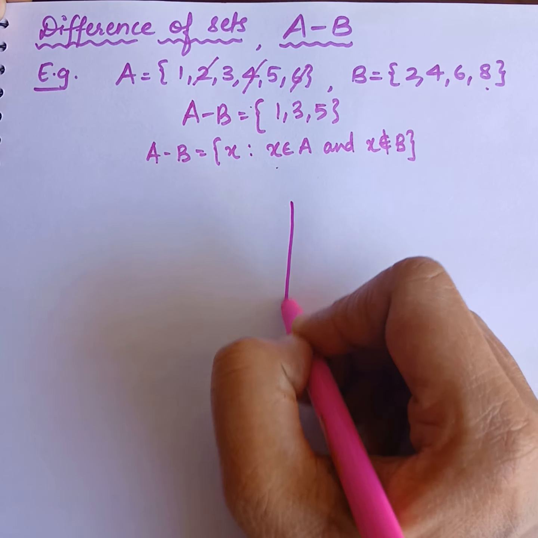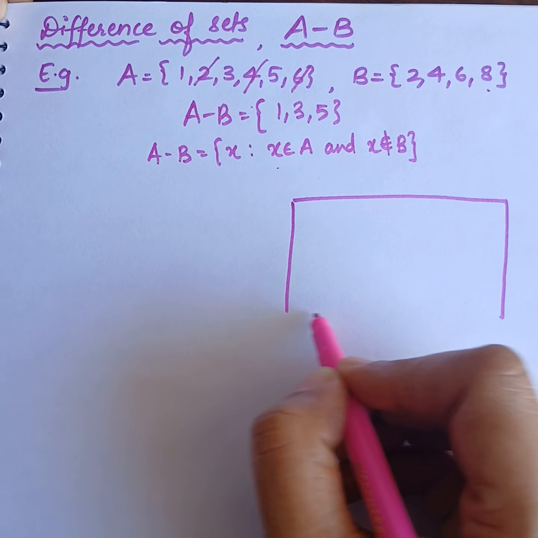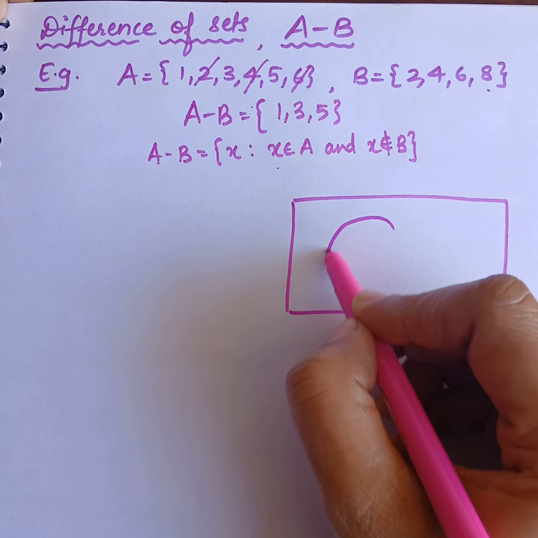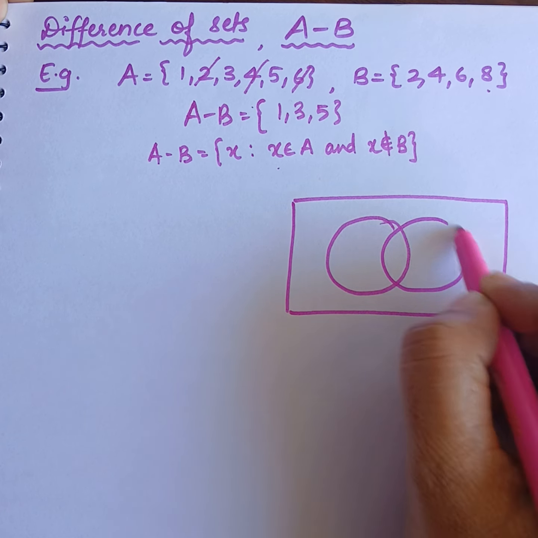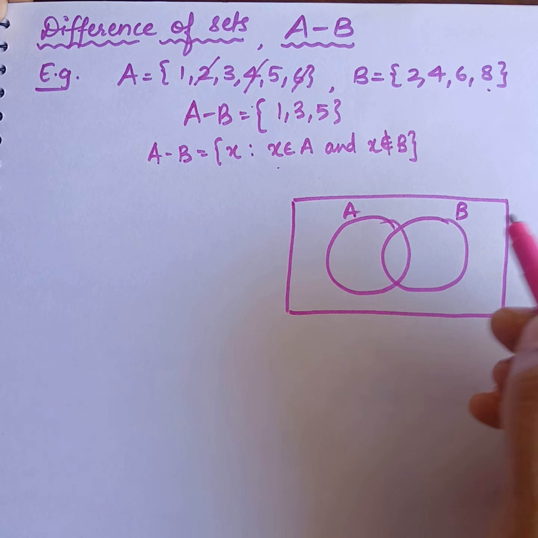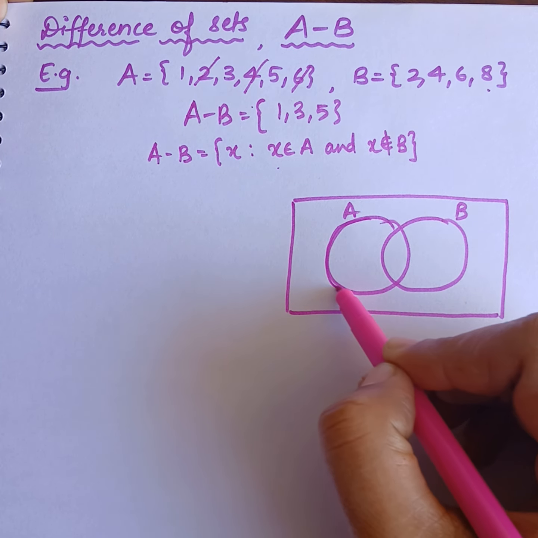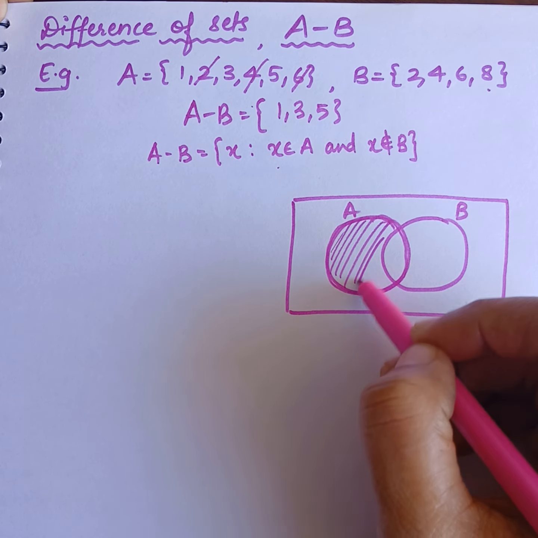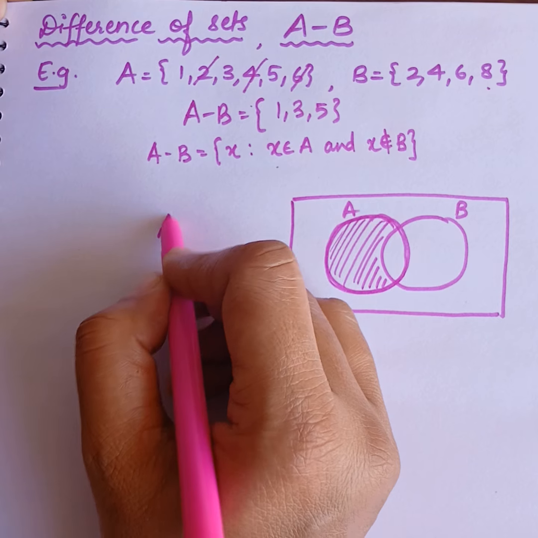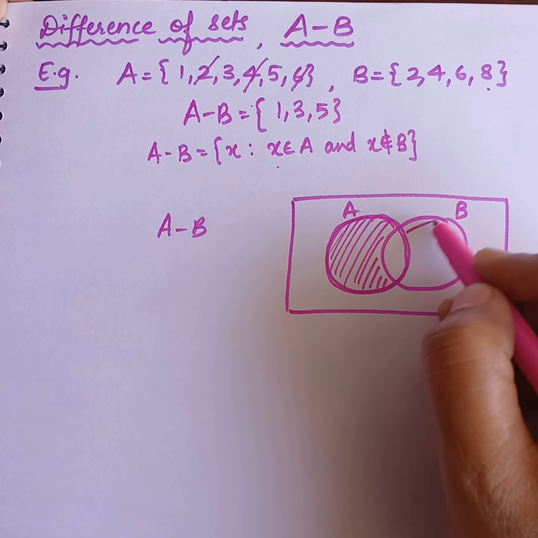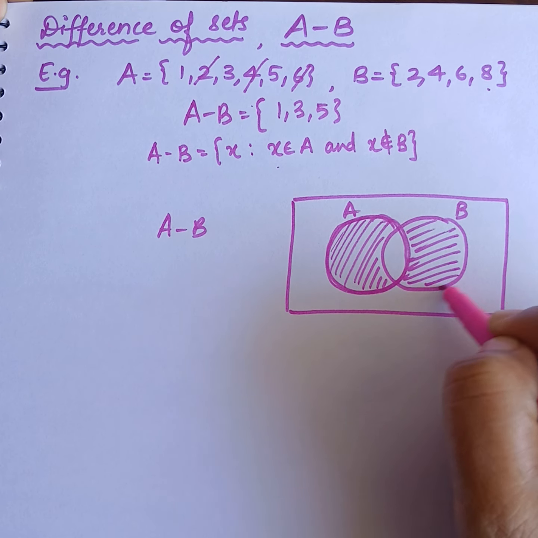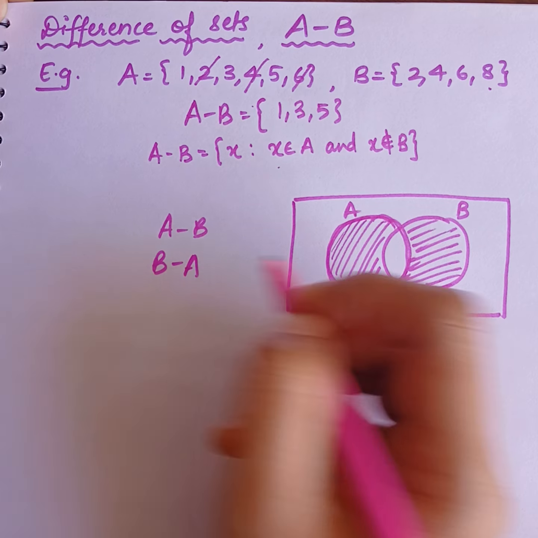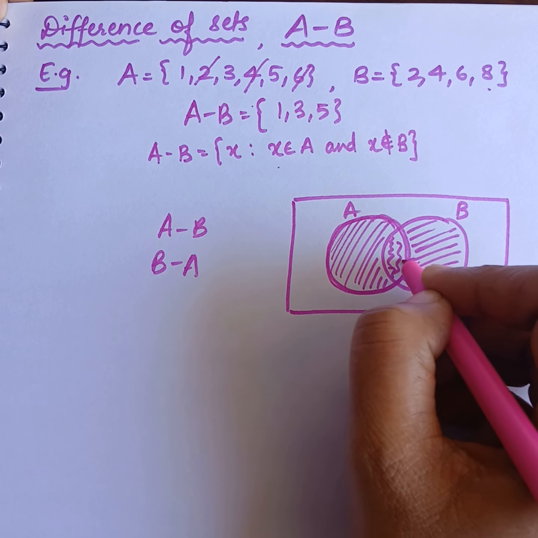And there is one more thing that we should know here, which I will explain with the help of a Venn diagram. This is A, this is B. What is A minus B? From this A, I have to remove this B. So this part only is A minus B, this part will be B minus A, and this part is their intersection.